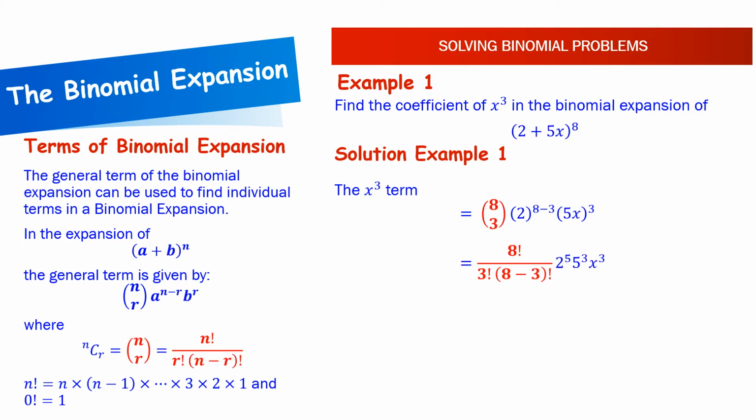And of course, 8 choose 3 is 8 factorial all over 3 factorial times (8 minus 3) factorial, times 2 to the 5 times 5 cubed times x cubed. Of course, we can now tidy up a little bit.